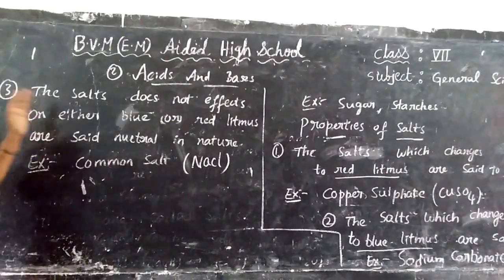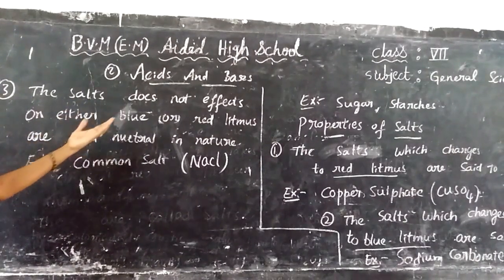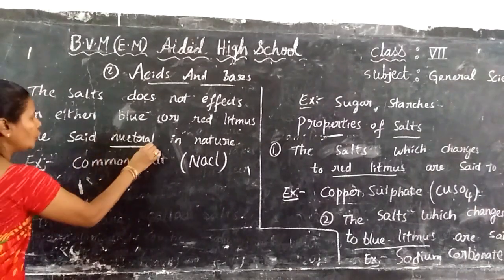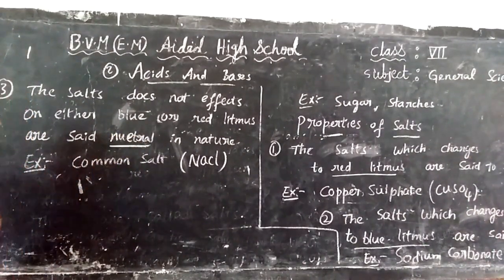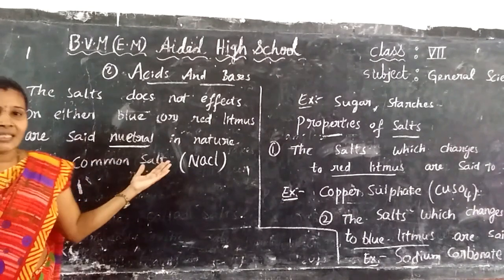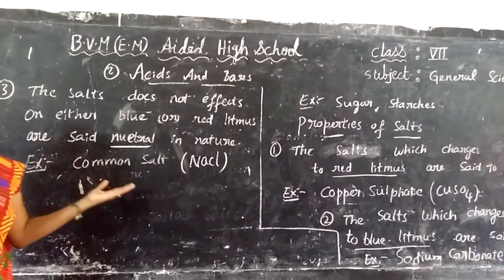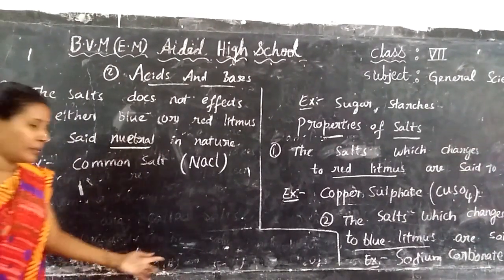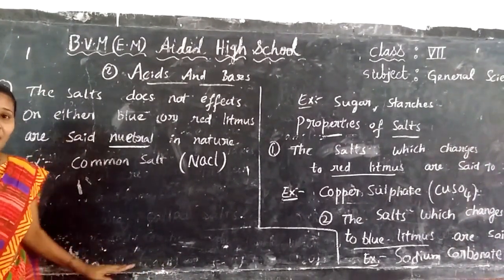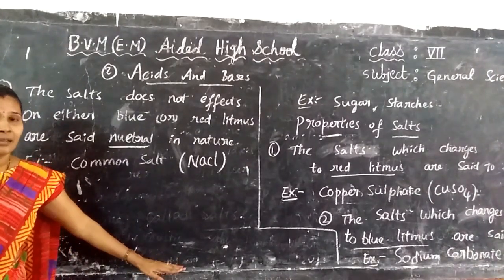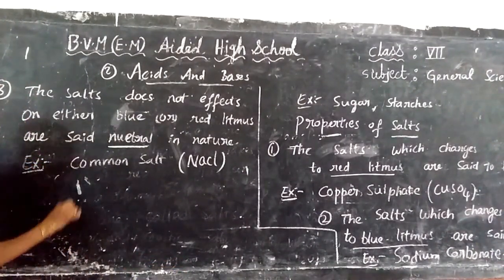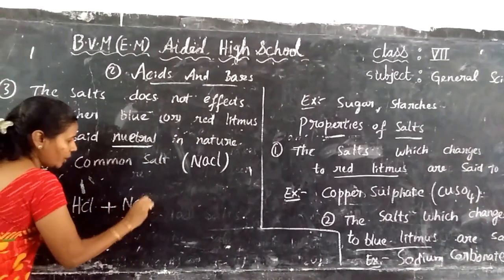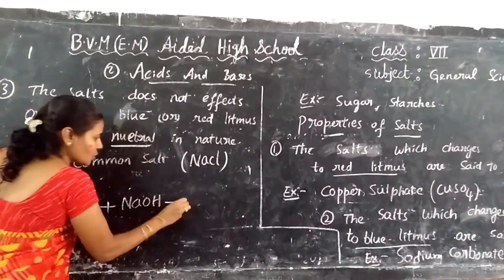The salt that does not affect either blue or red litmus paper is said to be neutral in nature. These salts are called neutral salts. For example, common salt, NaCl. How is NaCl formed? HCl, hydrochloric acid, is combined with sodium hydroxide, that means caustic soda.